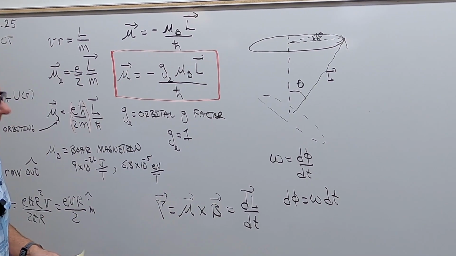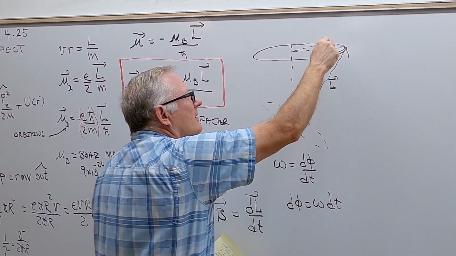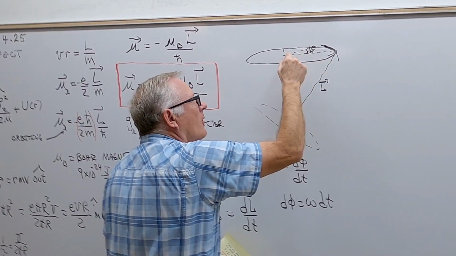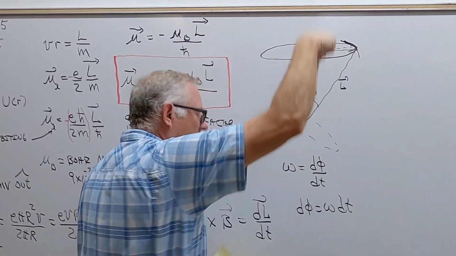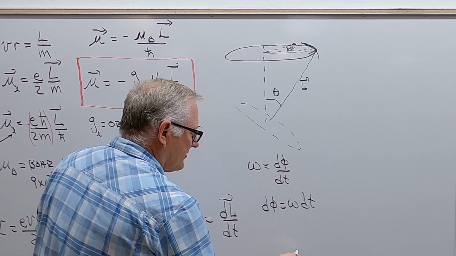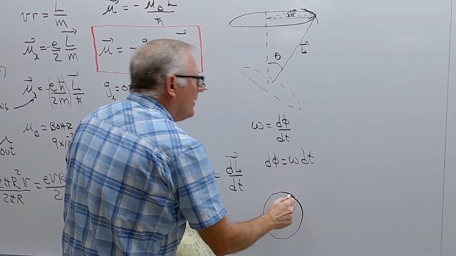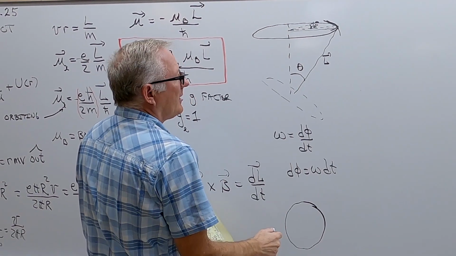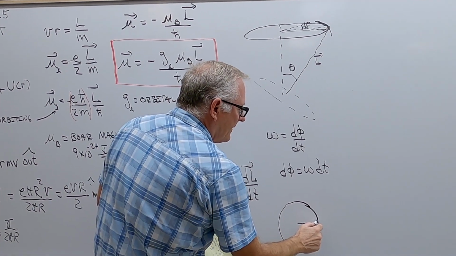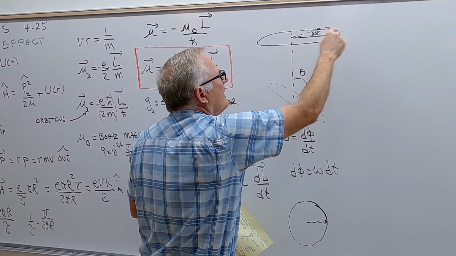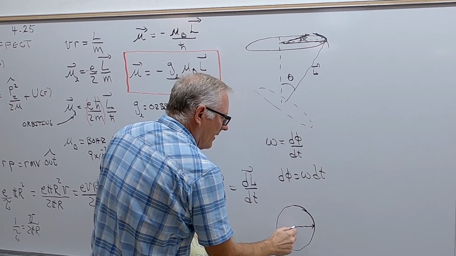Also, we can say that the little dL, which L was pointing here, if we look at it from straight up above, it's a circle right here. Here is this line, and another line just a little bit off from that.